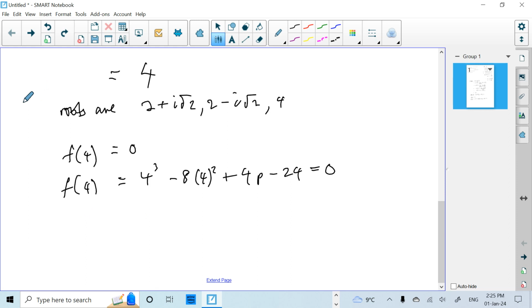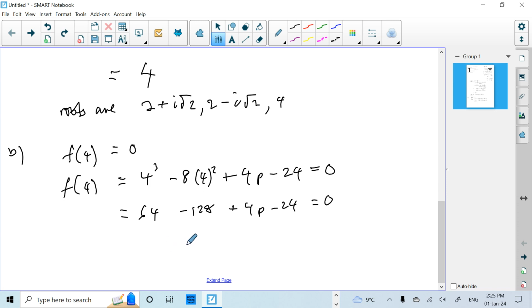But for part B, let's write that, part B. And what does that give me? Well, that is equal to 64 minus 128 plus 4p minus 24 equals 0.